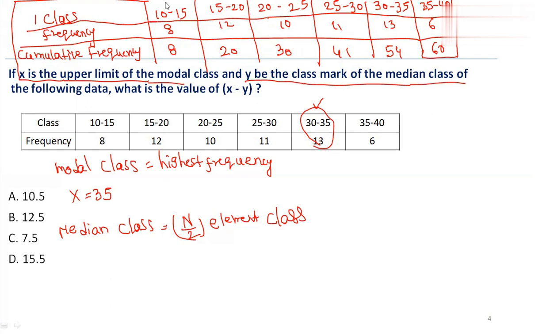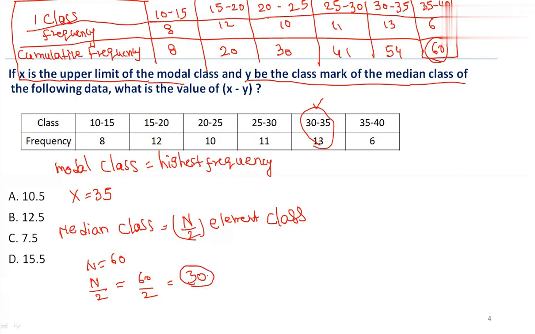Now, you know that n is equal to 60, because the last value of the cumulative frequency is 60. So n by 2 is 60 divided by 2, which is 30.